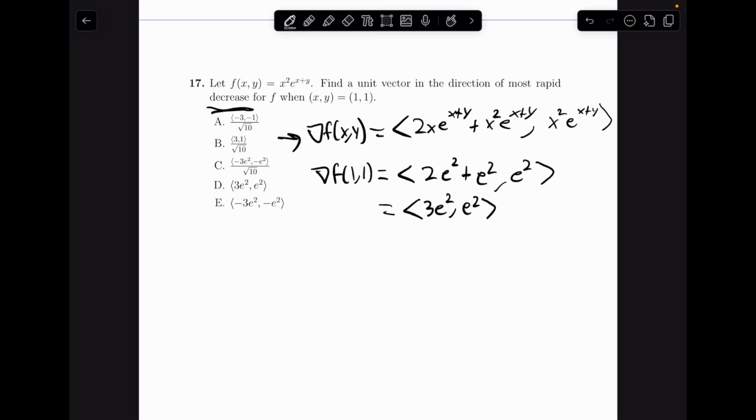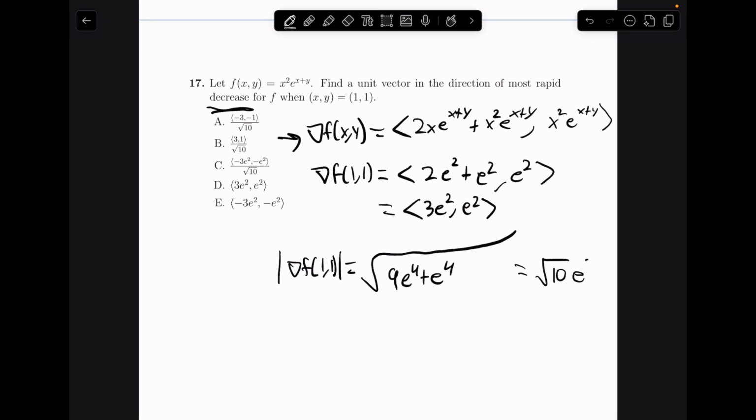The magnitude of the gradient at (1, 1) is going to be equal to the square root of 9e to the fourth plus e to the fourth, or just the square root of 10e to the fourth. We can take the square root of e to the fourth, which is e squared.